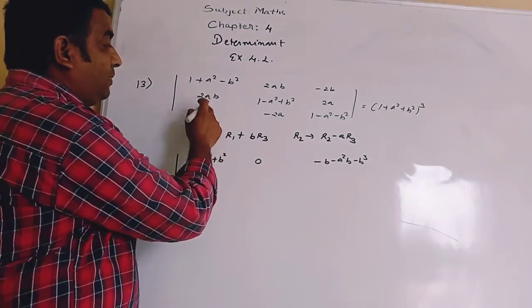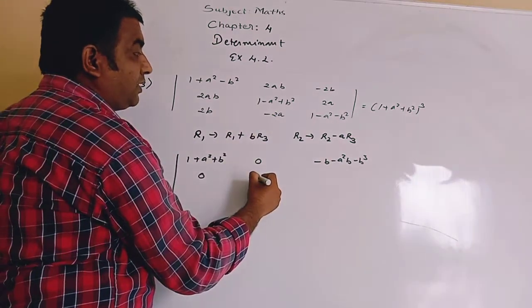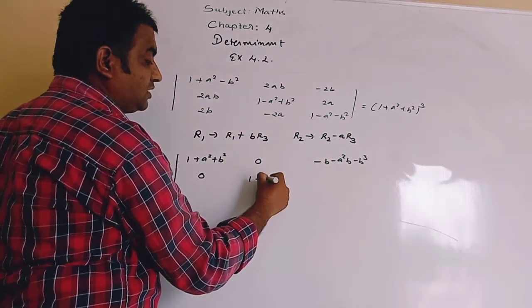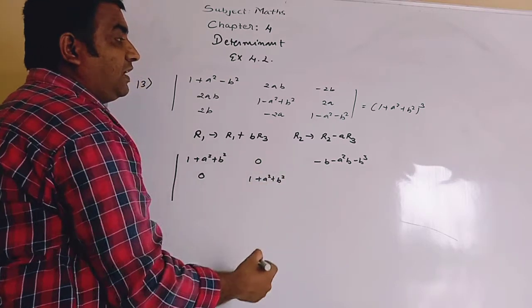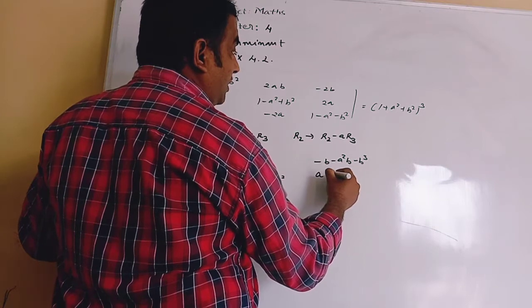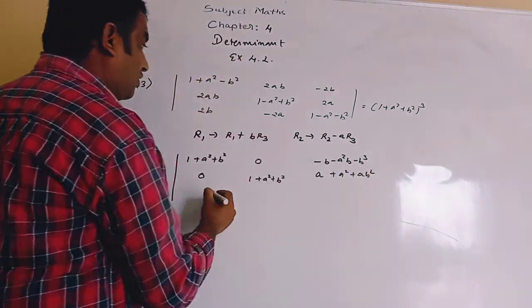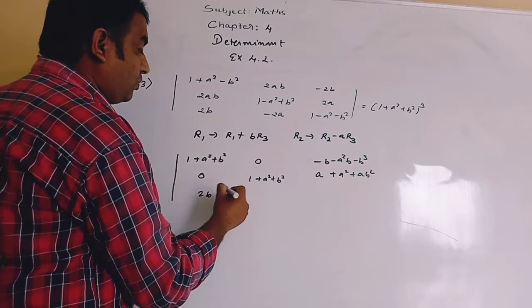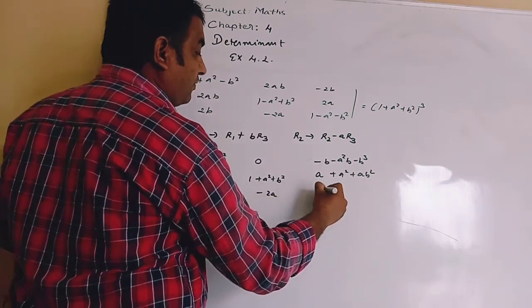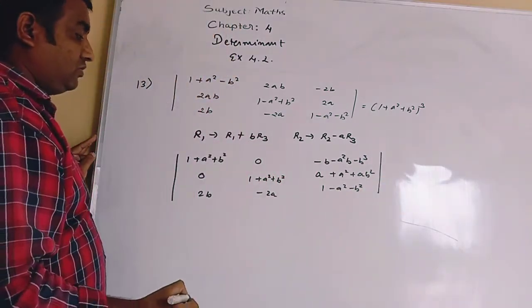Here 2ab − 2ab is 0, 1 − a² + b² plus 2a², so plus a², plus b², and here a we multiply, and 2a − a, which will be a, plus a² b... and the third row will be as it is: 2b, −2a, 1 − a² − b².